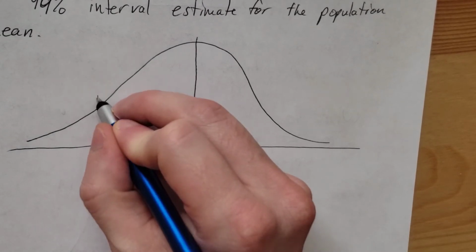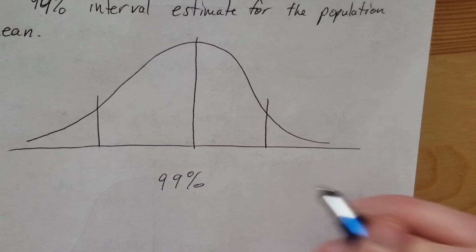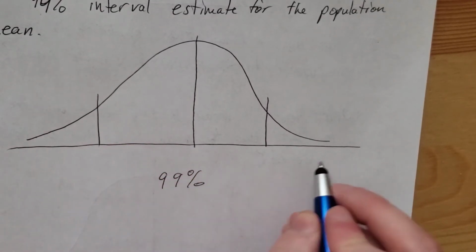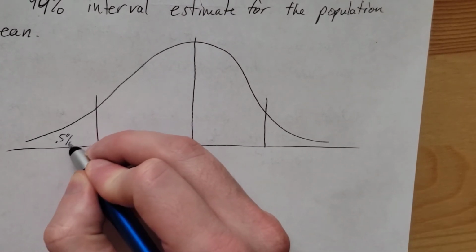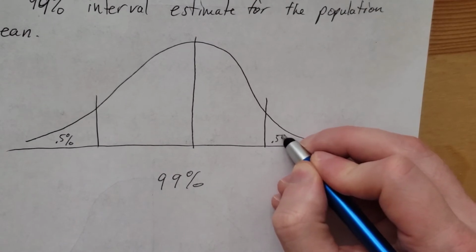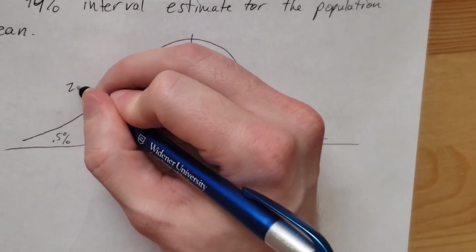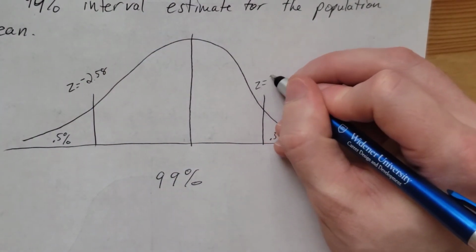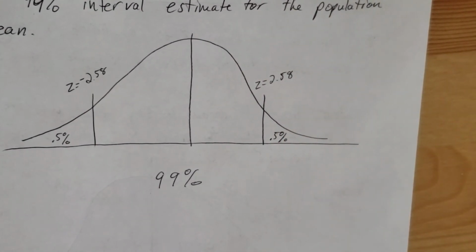Here we want this region to now be 99%, which means that we want 1% to be on the outside, or in other words, 0.5% to be below and 0.5% to be above this interval. This corresponds to the z-scores negative 2.58 and positive 2.58.